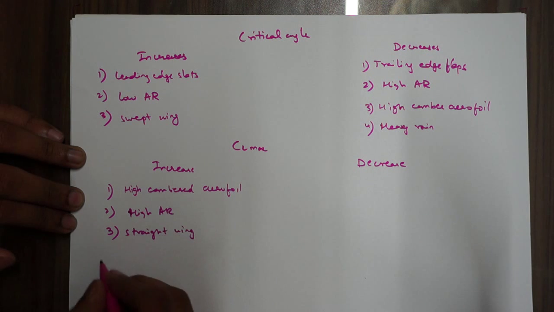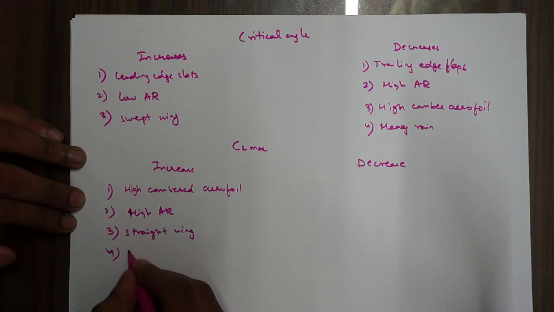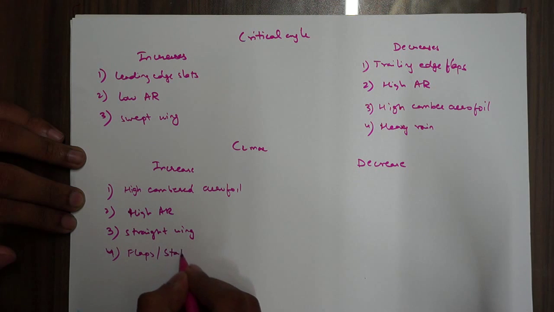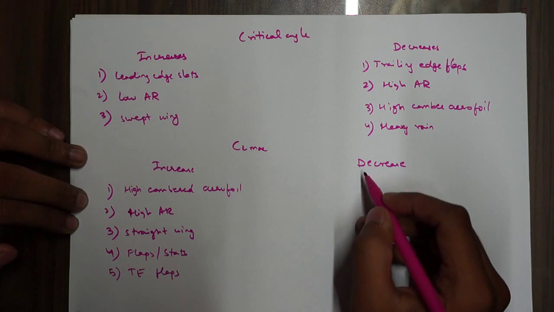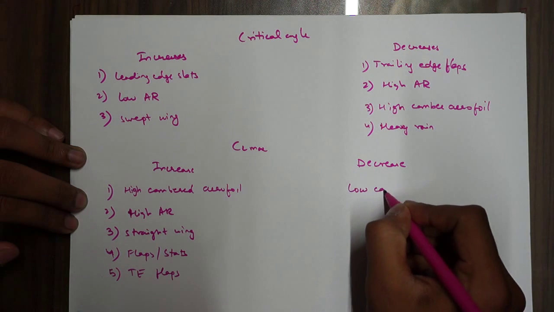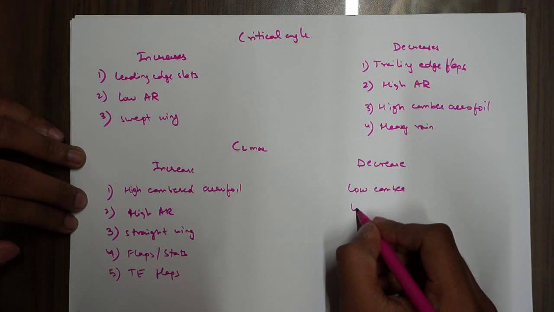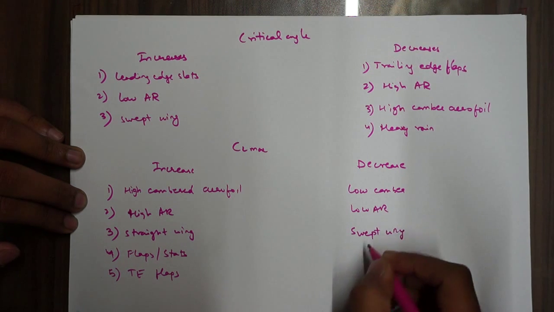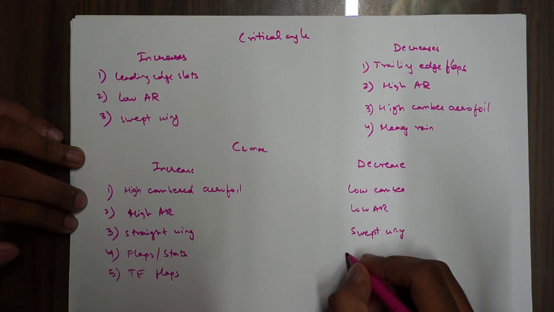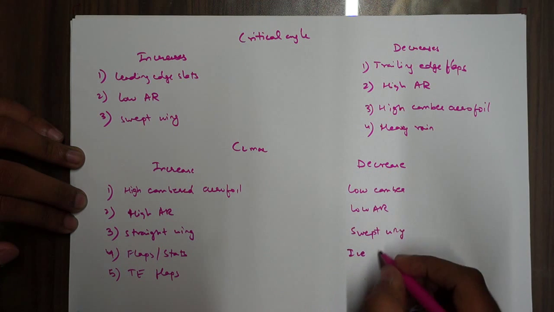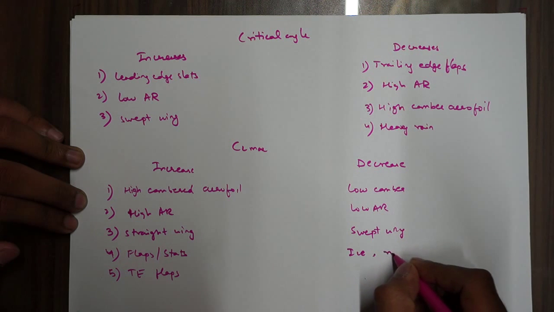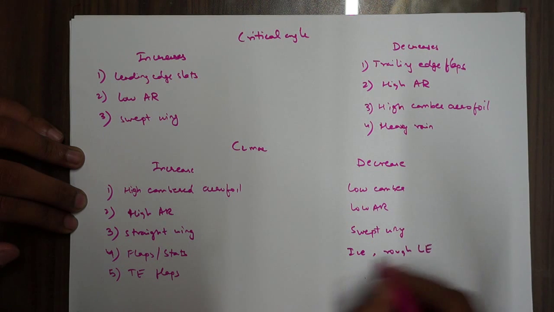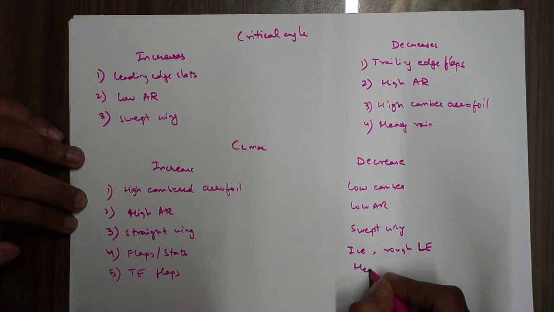We'll have a lot of CLmax for a straight wing, when you have flaps and slats and trailing edge flaps. CLmax will decrease with low camber aerofoil, low aspect ratio, swept wing, and ice or rough leading edge, and heavy rain as well.